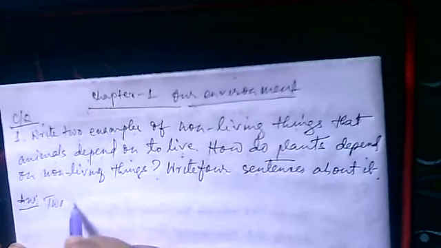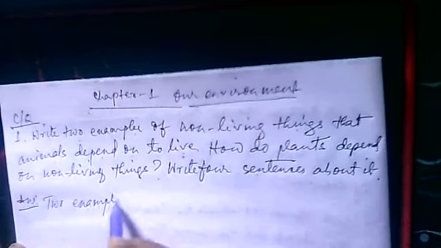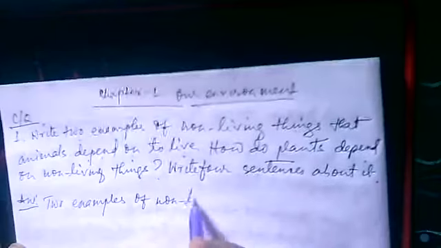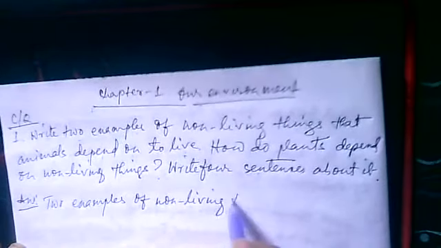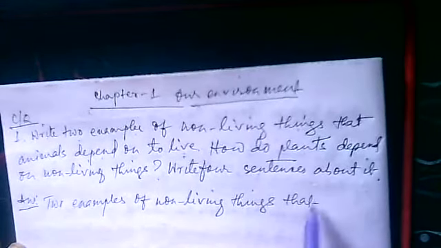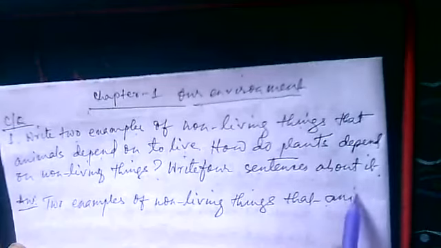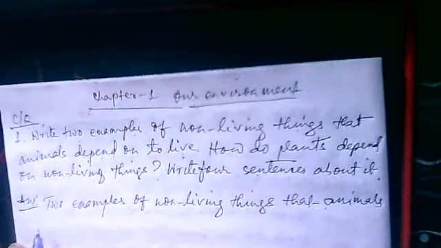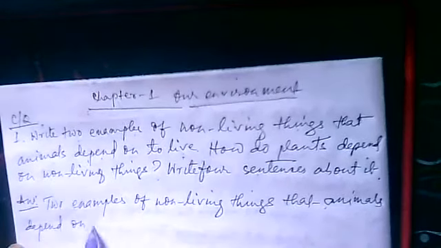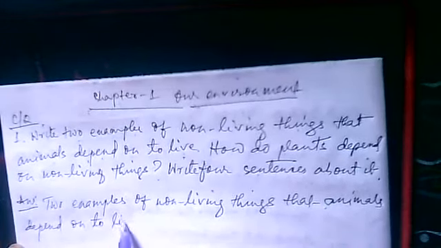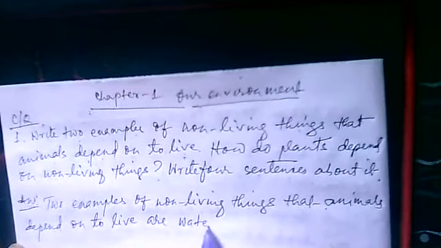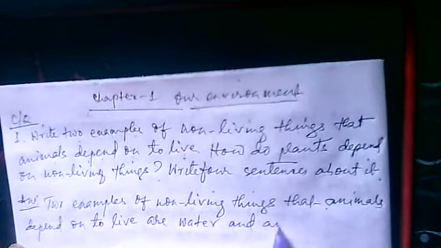So the correct answer is: 2 examples of non-living things that animals depend on to live are water and air.